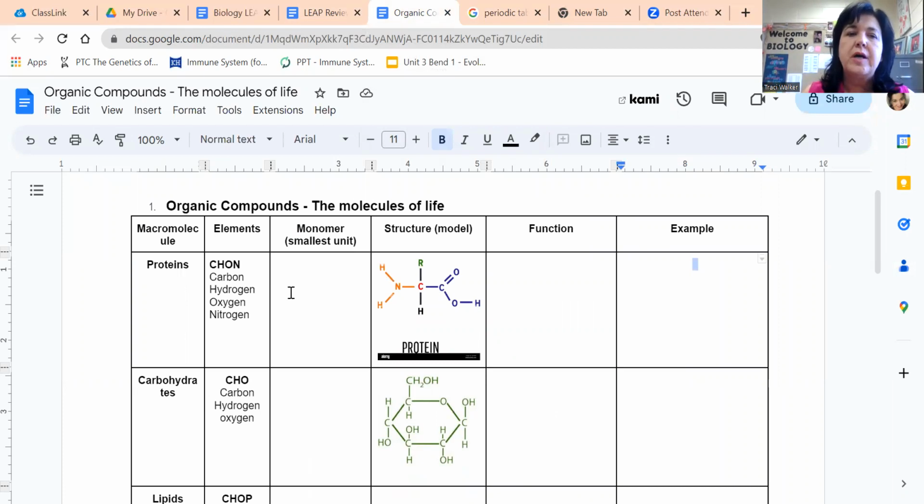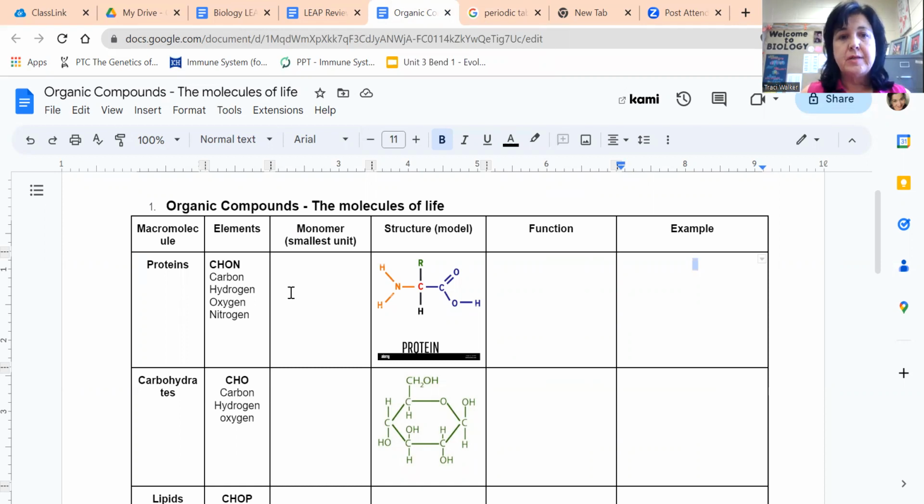So organic compounds are the molecules of life. All living things are made up of these organic compounds. Now, a compound is several elements connected together.